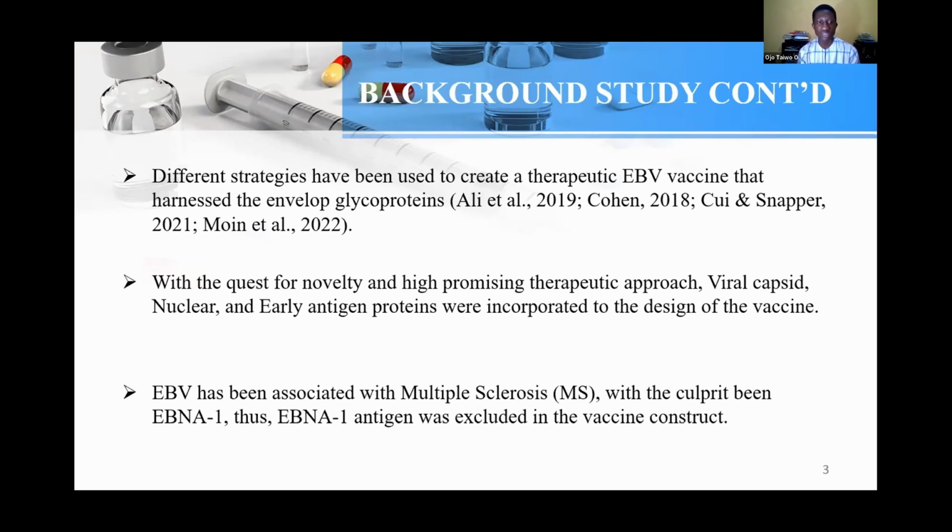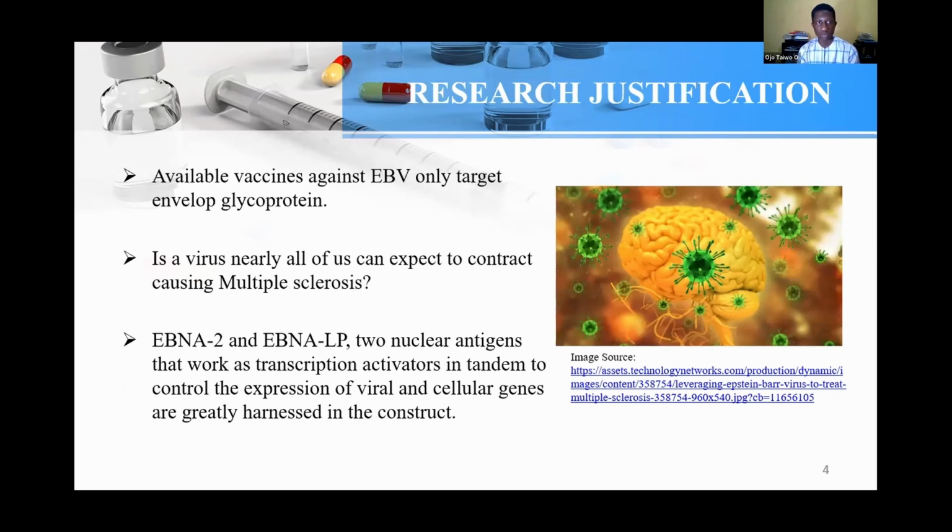So once an individual has contracted this virus, the antibody produced against EBNA1, the Epstein Barr virus nuclear antigen 1, also attacks the protein that covers the myelin sheath of human neurons. To this end, we excluded EBNA1, which is the culprit of multiple sclerosis.